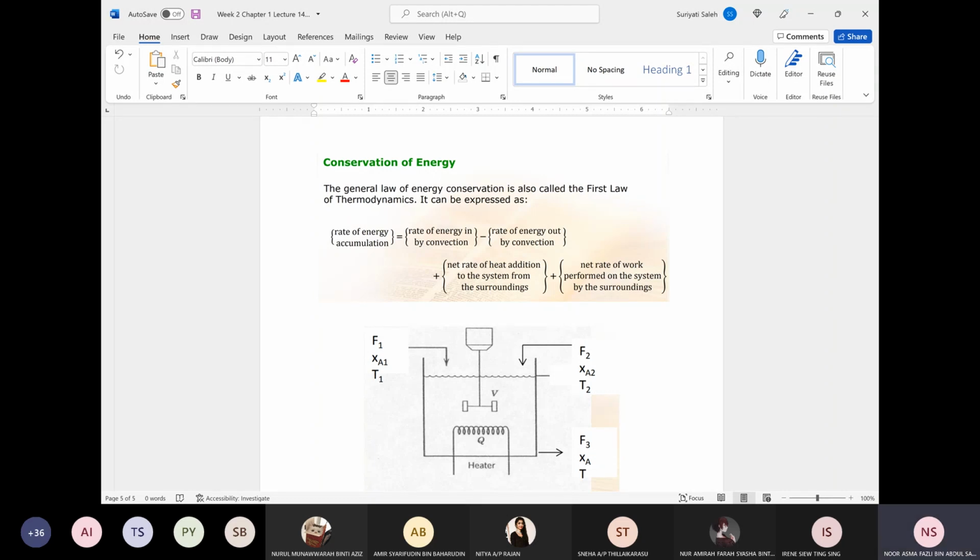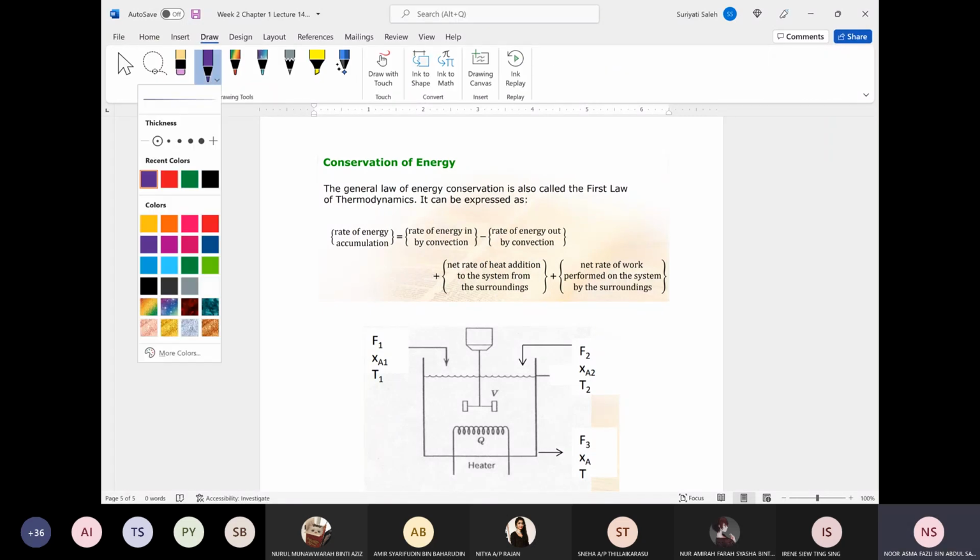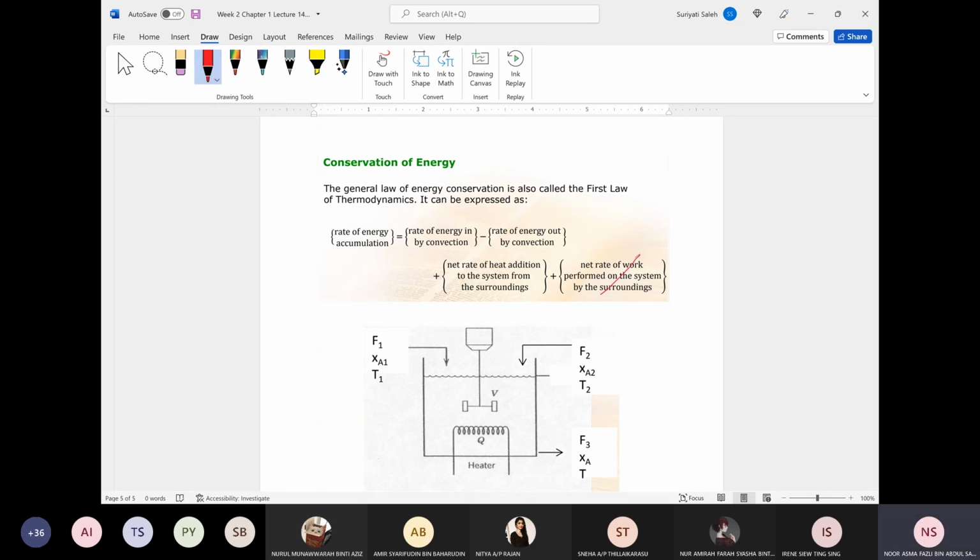Like I mentioned before, normally for our case, the rate of work is not considered, so we can neglect the net rate of work. This is equivalent to 0. We don't concentrate on the shaft work and so on. We just focus on the net rate of heat addition, where heat addition to the system from the surrounding usually comes from the use of a heater or coil. Sometimes we use a coil to supply the heat into the system.